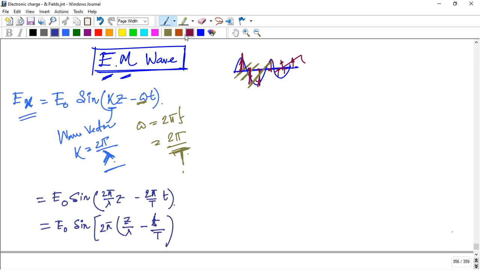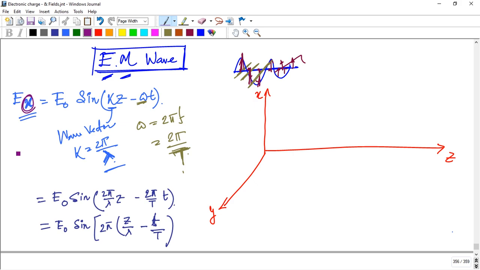Now the graph, which is very important, looks like this. Suppose x, y and z axes, and observe carefully: the electric field particle vibrates in the x direction and propagates in the z direction. Wave means there is a propagation. These are the electric field, not the magnetic field. Combining electric and magnetic, we get electromagnetic.